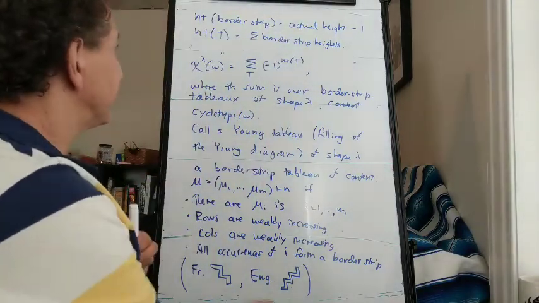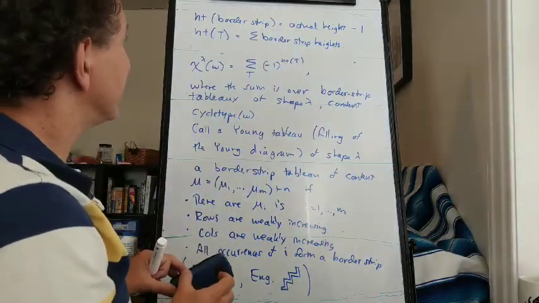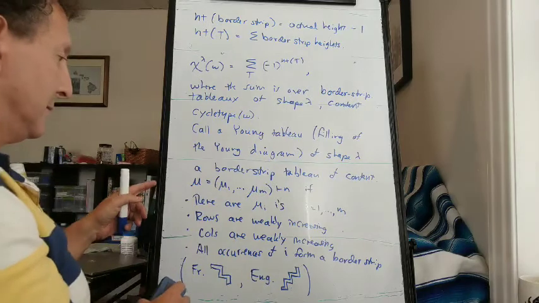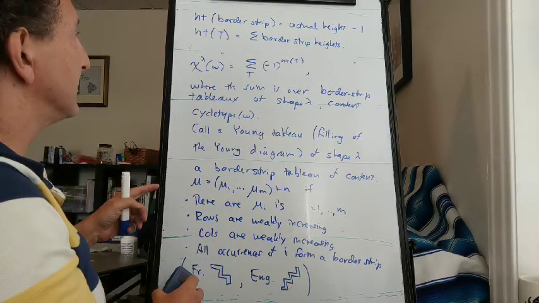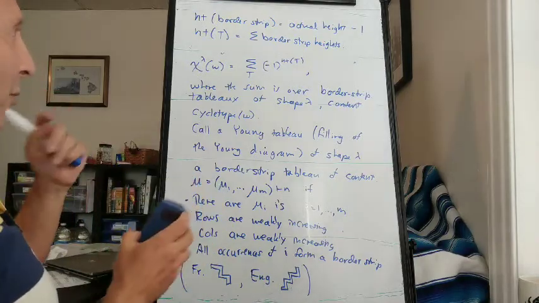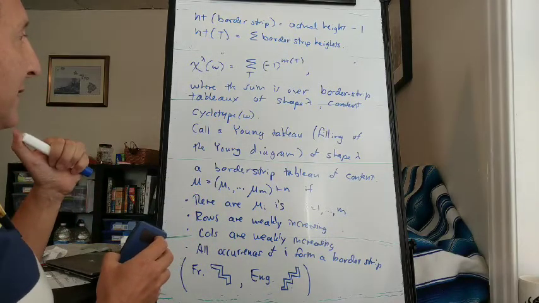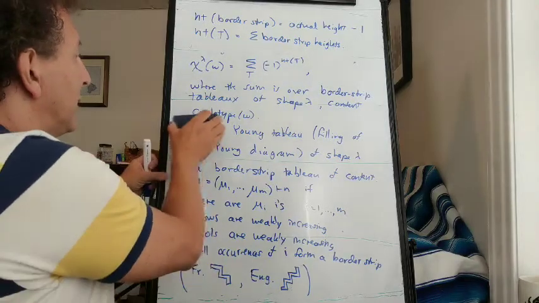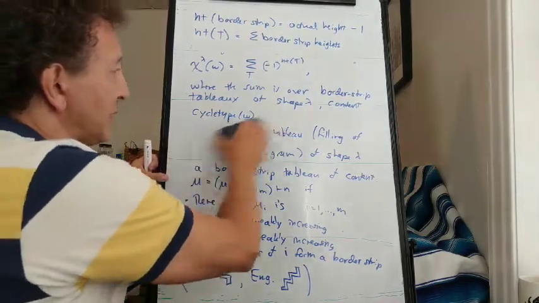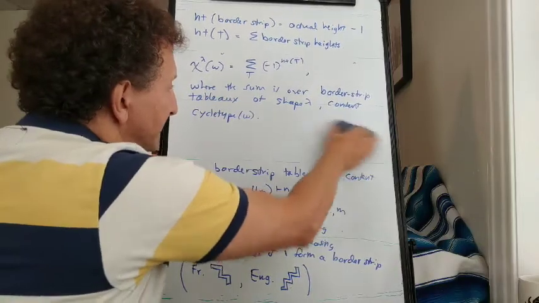So let's do some examples. This is all important, but I suppose I have to erase some of it. So I think I will erase the definition of border strip tableau here.